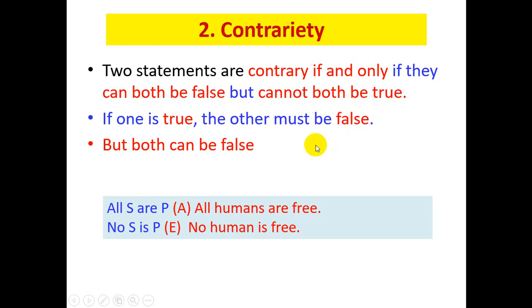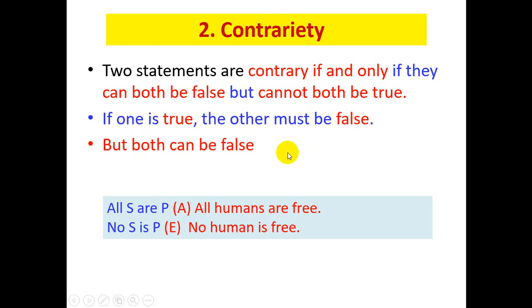It means that if one is true, the other must be false. Why? Because both cannot be true, but both can be false.